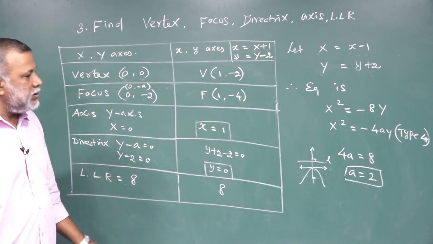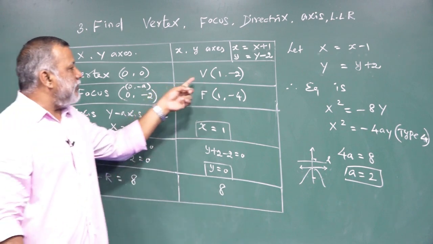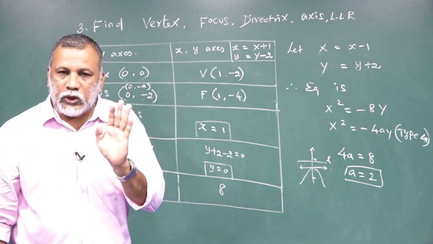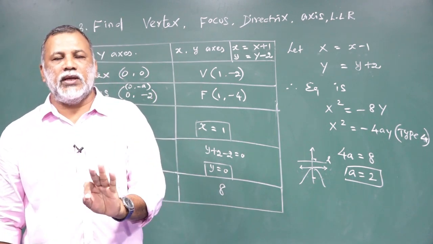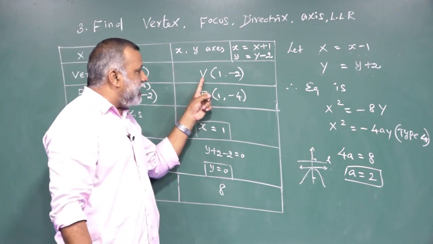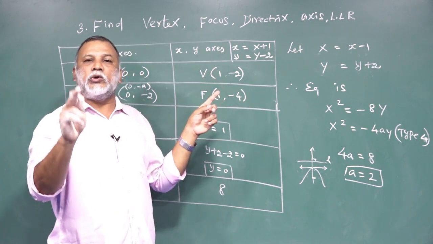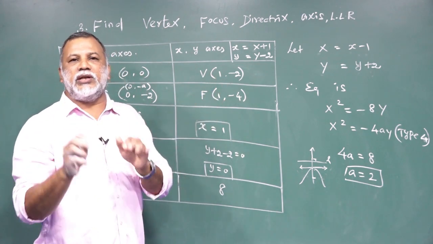So your work is to draw the diagram. How are we drawing the diagram? Shifting the vertex. So use first small x, small y. The meeting place of small x and small y is 0, 0. Then shifting from 0, 0 to 1, minus 2. So you have to plot the vertex point 1, minus 2.